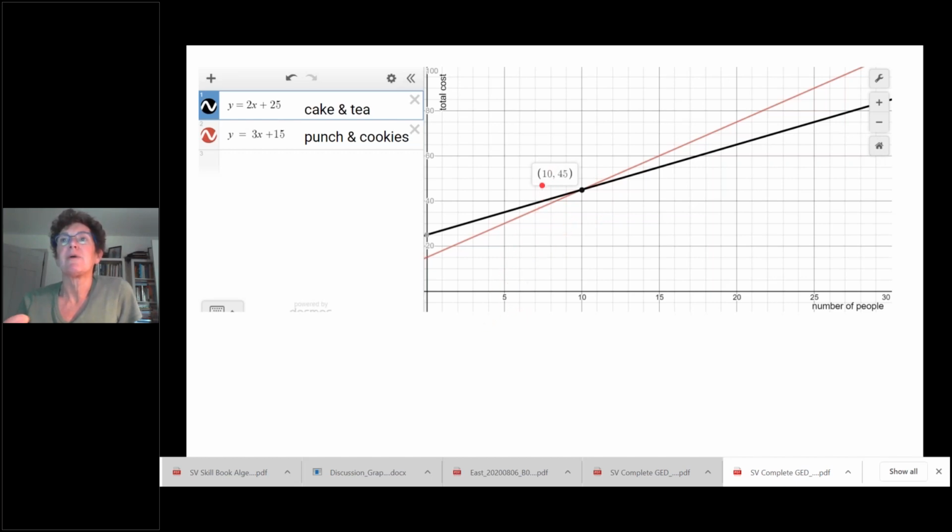Remember, my X always comes first when I'm writing my point. So this is X and this is Y. We defined our variables before, but here it is on my graph. Here's my X-axis, the horizontal one, the number of people. So X represents the number of people. And then my Y variable is the total cost.